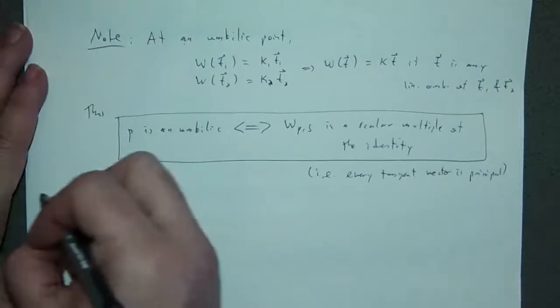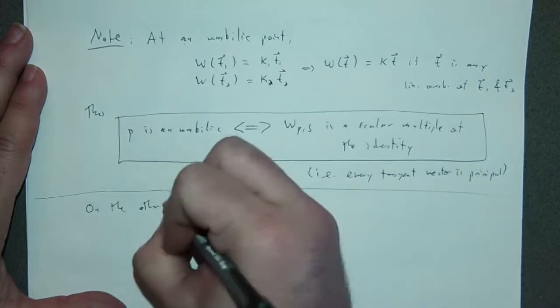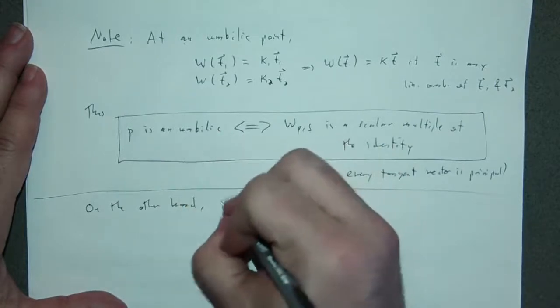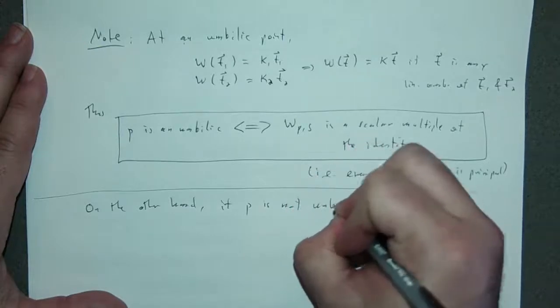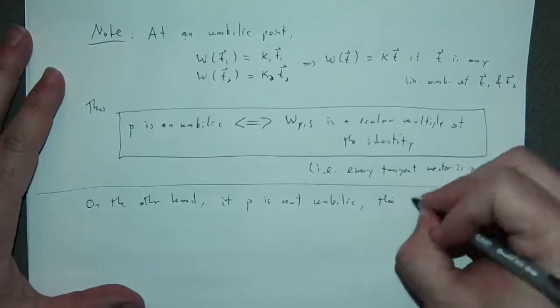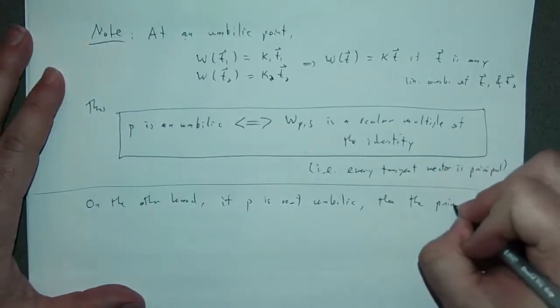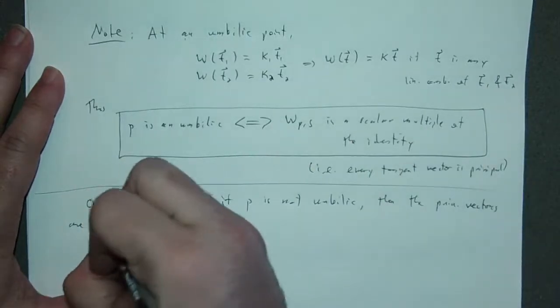Now, on the other hand, if P is not umbilic, then the principal vectors are guaranteed to be orthogonal.